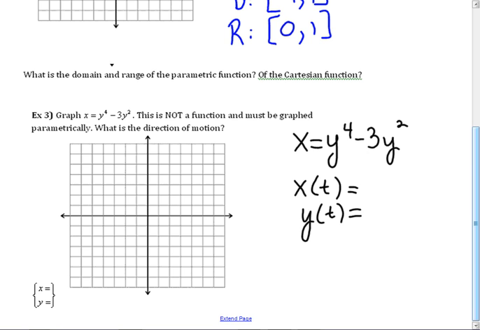What do you think? James, what are you going to do? One of them's going to be t. I can't solve for y. It's y to the fourth. I don't know how to solve for y. You just want to write it with just a t.